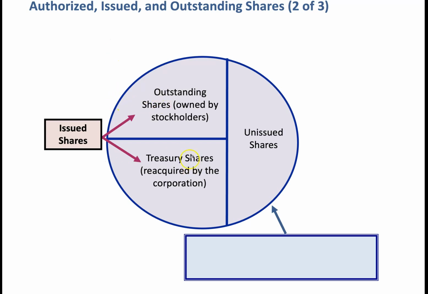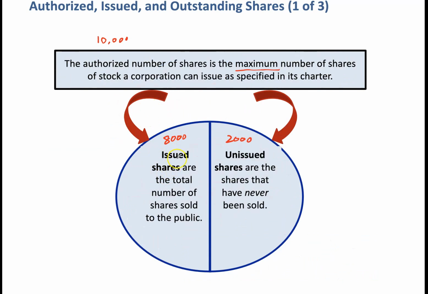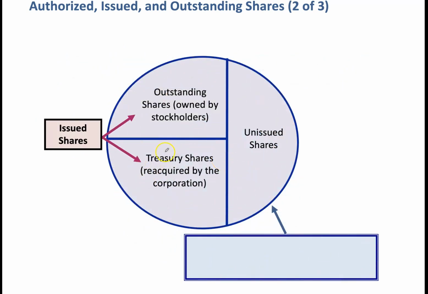Among the issued shares, which is the 8,000 versus 2,000, so 2,000 unissued, 8,000 issued. Now of this 8,000, later the company could repurchase, right? I sold 8,000 shares in the market, and then the company goes to the market and says, okay, I want to repurchase, say, 1,000 out of the 8,000.